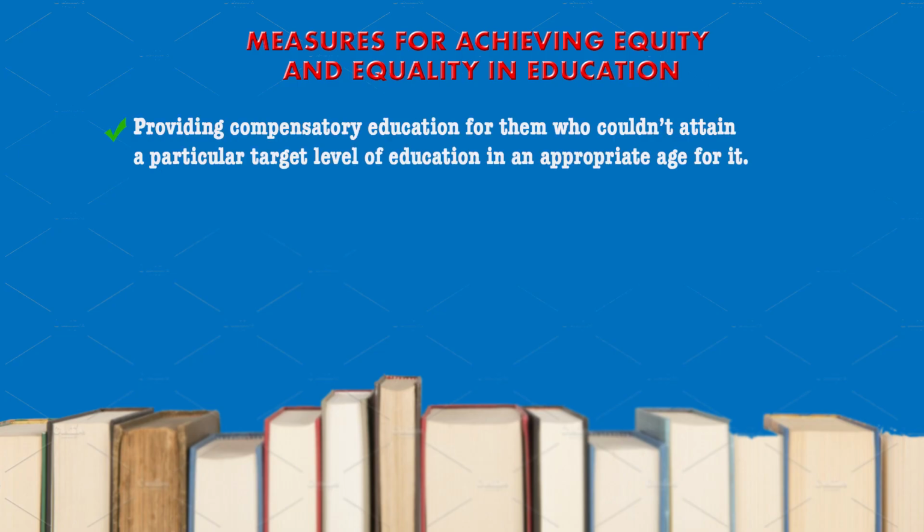So, this can be further considered for the secondary level, that means for class 9th and 10th, and also for other levels of education like senior secondary level, class 11th and class 12th. Further, providing compensatory education for those who could not attend a particular target level of education at an appropriate age.